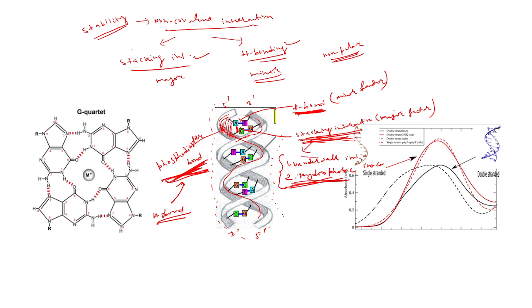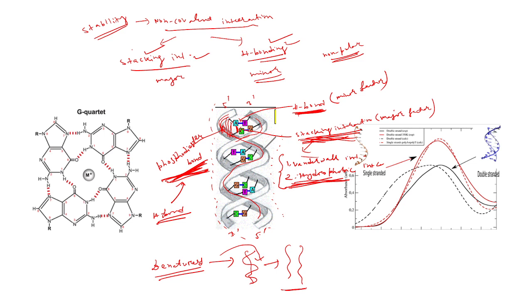But once either the stacking interaction or the hydrogen bond is disrupted, the DNA will be denatured. What do you mean by denatured DNA? Let's say this is the double stranded DNA. After the denaturation, it forms single strands.